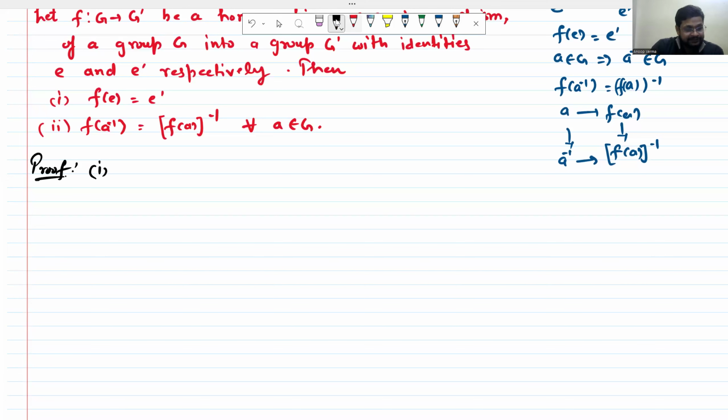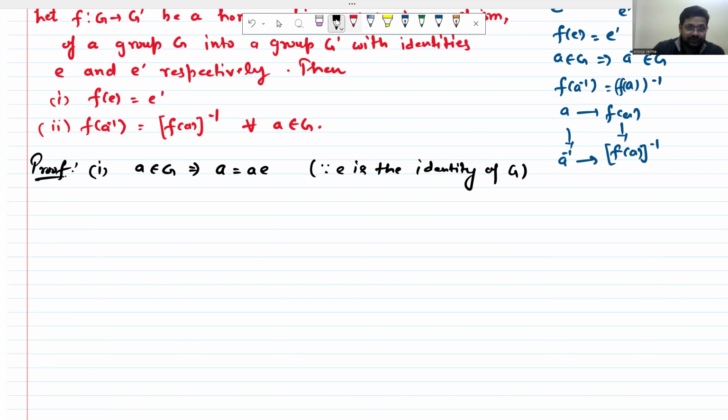Okay, so we know that is A is belonging to G, so definitely you can write this A in this way. Okay, since E is the identity of G, so we can write like that or not.